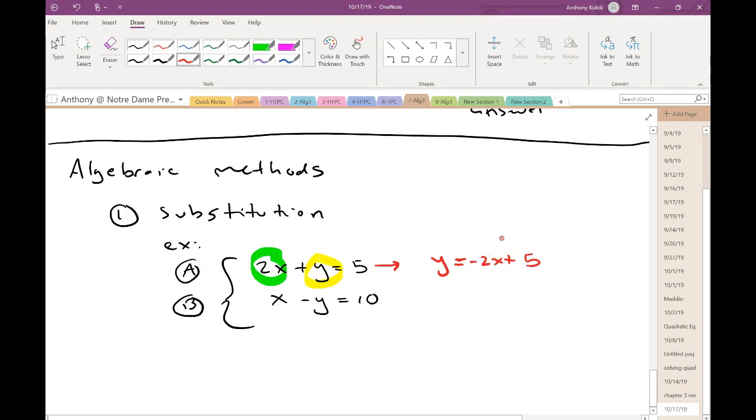That gives me this. I'm going to refer to this as equation C, just so that I have a name to talk about it, because we now have three equations rattling around. So what I'm going to do is replace the y in equation B with what I know y equals.